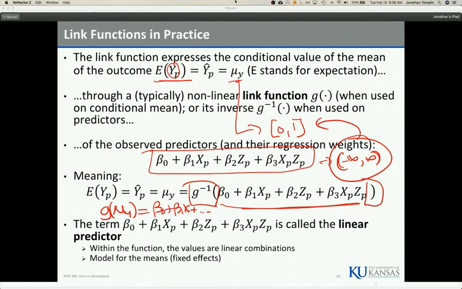G raised to the negative 1 power is called g inverse. The function of the mean takes the mean, which is on this range, 0 to 1, and maps it onto the space of negative infinity to positive infinity. The inverse link does the reverse mapping: I'm going to go from negative infinity to positive infinity back to 0 to 1.